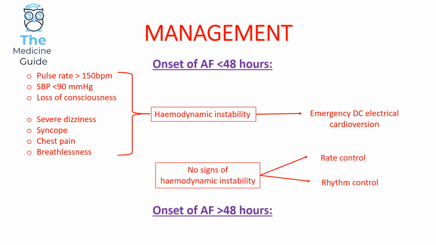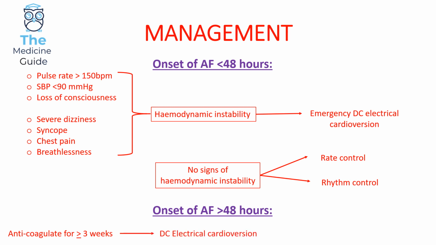Now, if the onset of AF is within 48 hours and these patients don't have any signs of hemodynamic instability, these patients can receive either rate control or rhythm control, and that's something that I'll discuss shortly. If the onset of AF is after 48 hours, initially we anticoagulate patients with either warfarin or NOAC for at least 3 weeks.